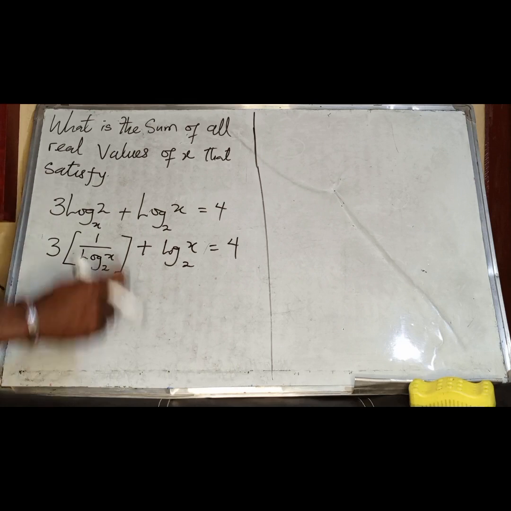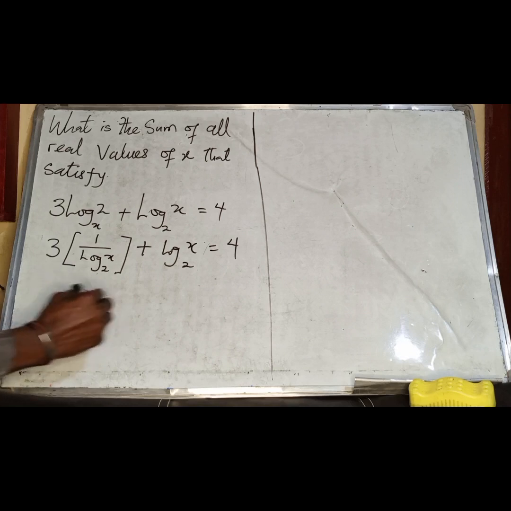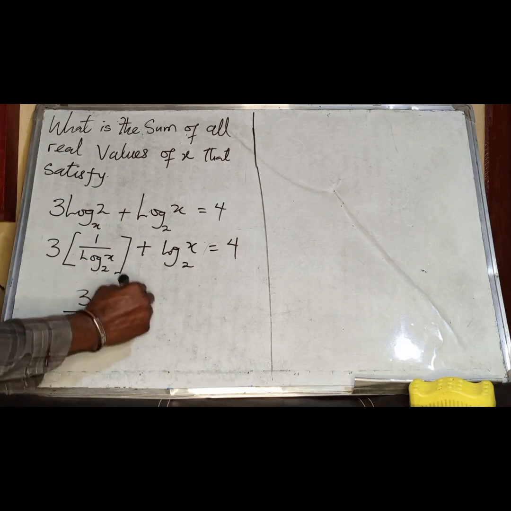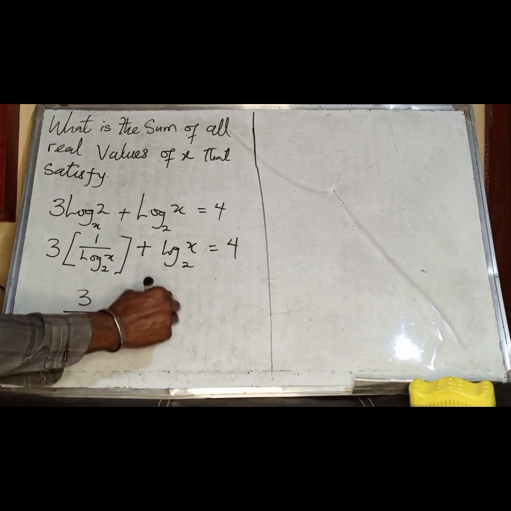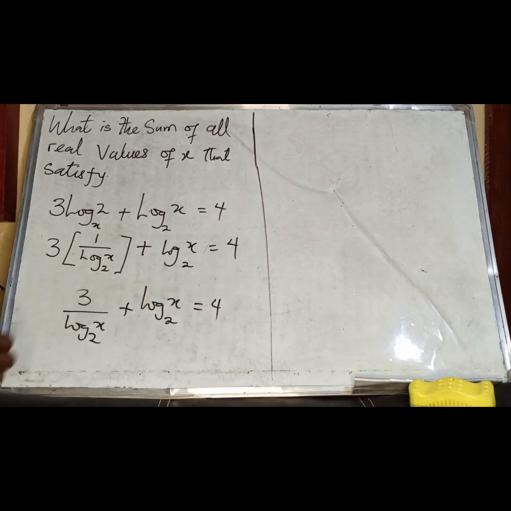So in this case, let's move on, guys. I have 3 times 1, which is 3, divided by log x to the base of 2, then plus log x base 2 equals 4. At this point, how do I solve this?